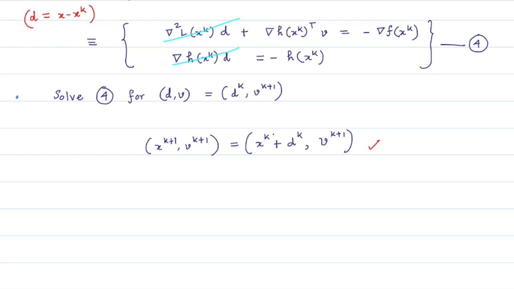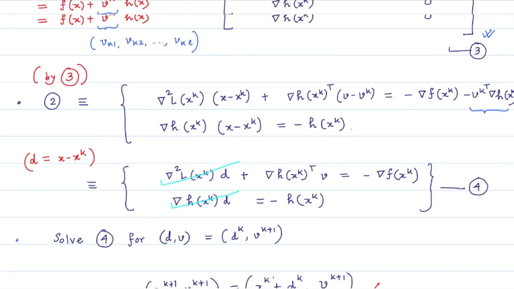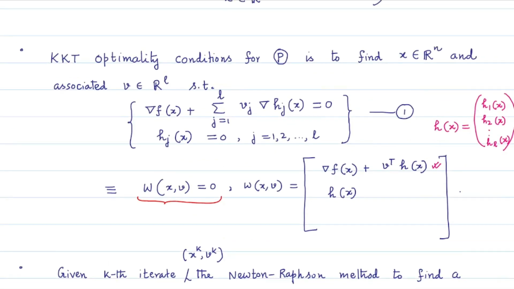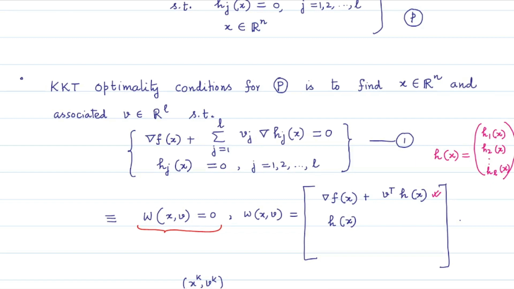Now deleting out this and this, we notice that the rest of the system 4 is nothing but the system that we have written over here, the KKT system, the system 1 at the point x equal to xk.